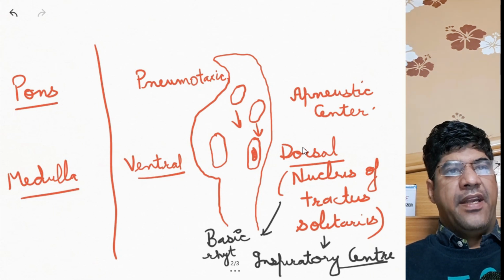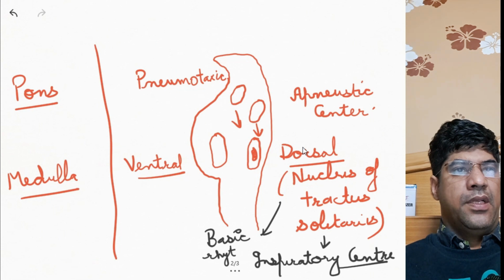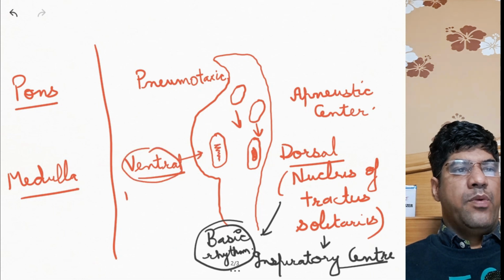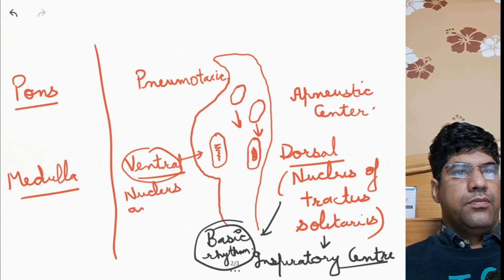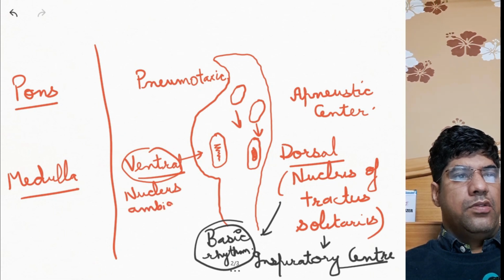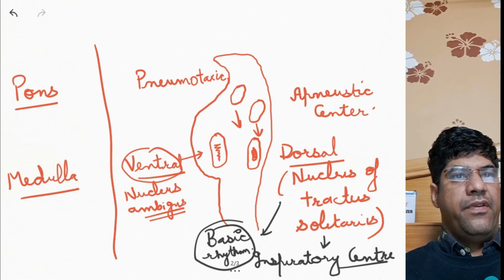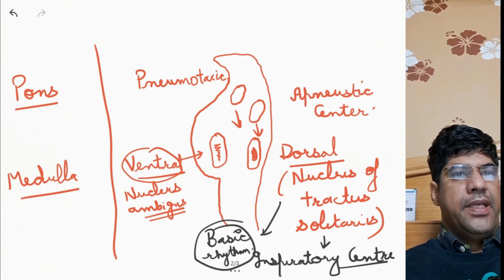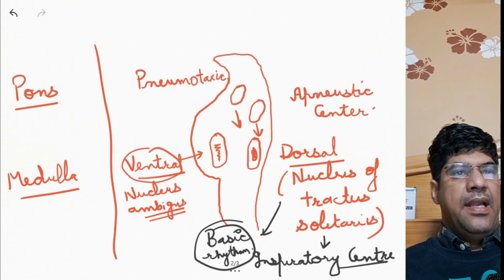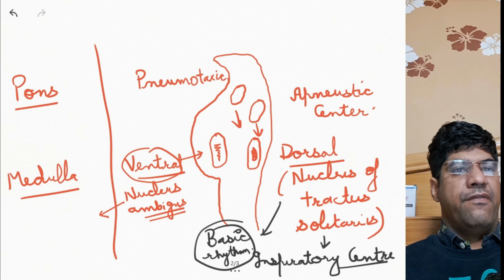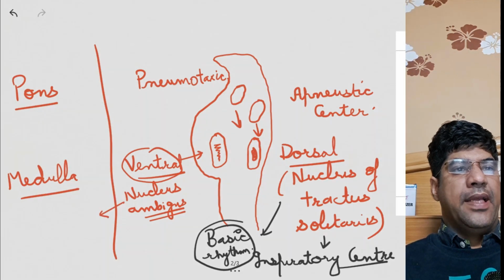The second part is the ventral respiratory group of neurons. Where are they located? They are present in the nucleus ambiguus, situated in the medulla oblongata, anterior and lateral to the nucleus of tractus solitarius.